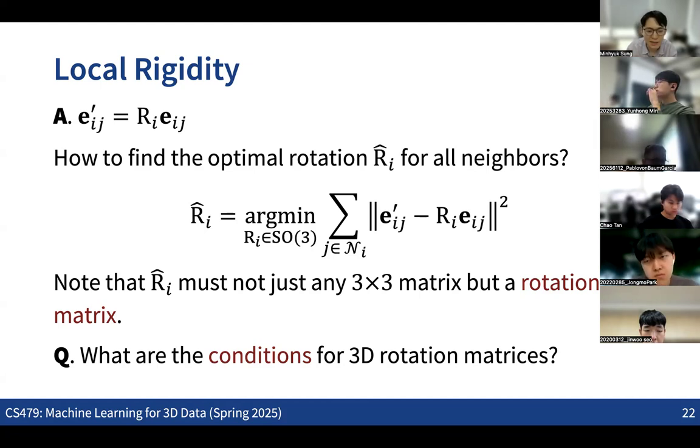If it is -1, then we have a reflection matrix. For a rotation matrix, the determinant should be +1, right? So there are two conditions. Here the question is how we can solve this least squares problem while satisfying these two conditions: that the matrix should be orthonormal, and that its determinant should be 1.